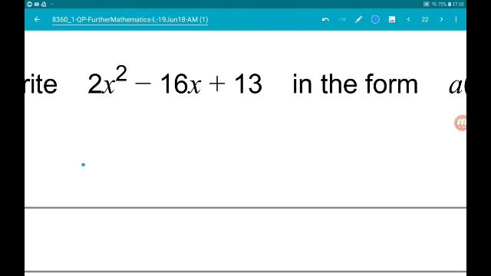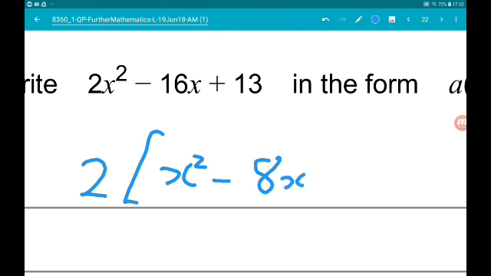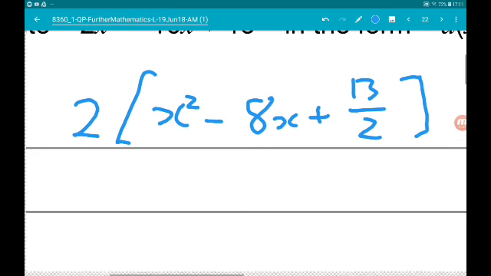So it factorises to 2 times [1x squared minus 8x add 13 over 2]. Now the reason for doing that is inside the square brackets we now have a quadratic with a single x squared.